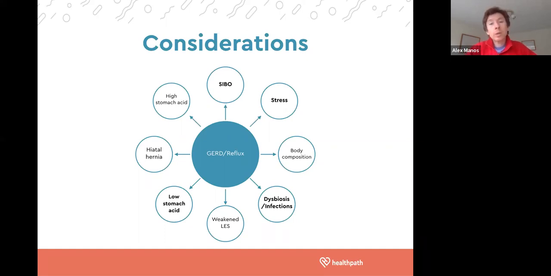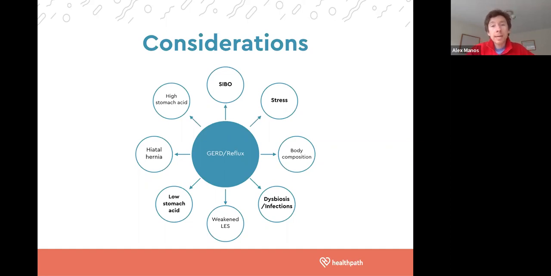And these are somewhat interconnected because chronic stress, we know, can lower stomach acid production. If we have low stomach acid, we are at risk of developing small intestine bacterial overgrowth, but we're also more at risk of having an imbalance within our gut microbiome, both in the small and large intestine. And we are also at risk of picking up GI infections.